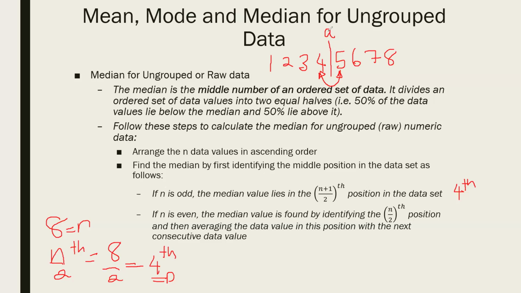If you read the values on the left side of A, we've got 1, 2, 3, 4. If you count the values on the right side of A, we've got 1, 2, 3, 4.